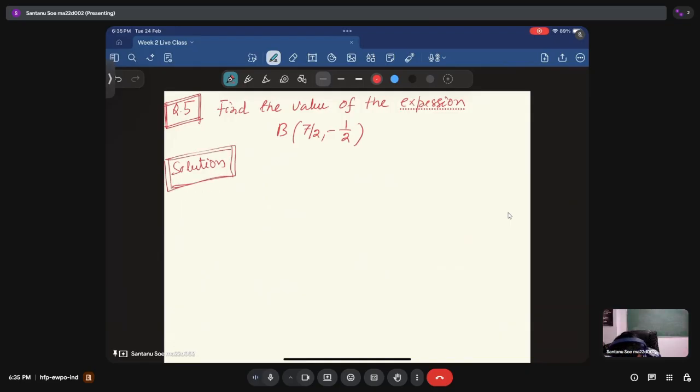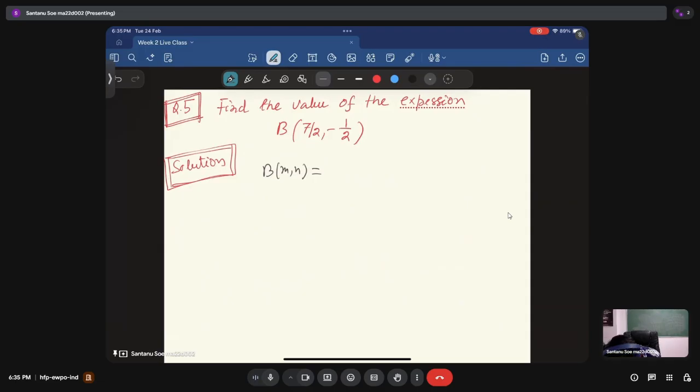Yeah, so I think many of you can guess the answer, or maybe you can easily find out the answer. So the beta function, I think we know there is a formula, or there is a connection between the beta function and the gamma function. So it goes like this, that beta of m comma n is gamma of m into gamma of n divided by gamma of m plus n.